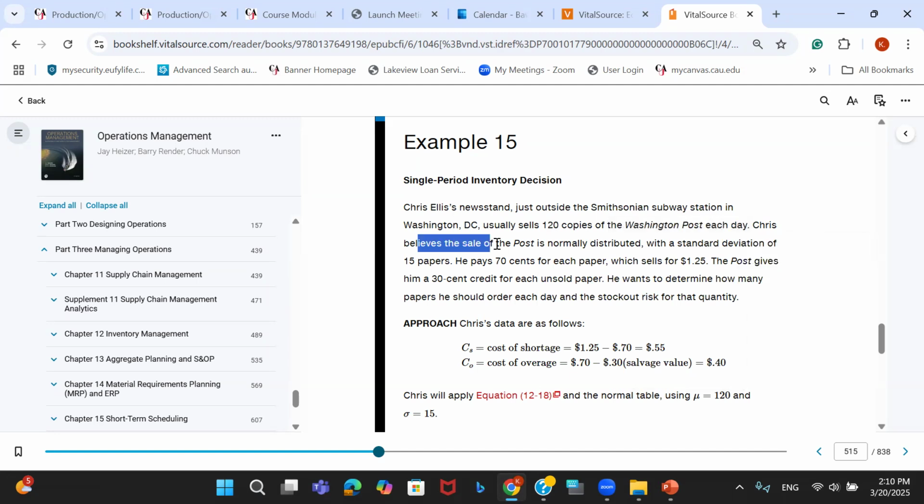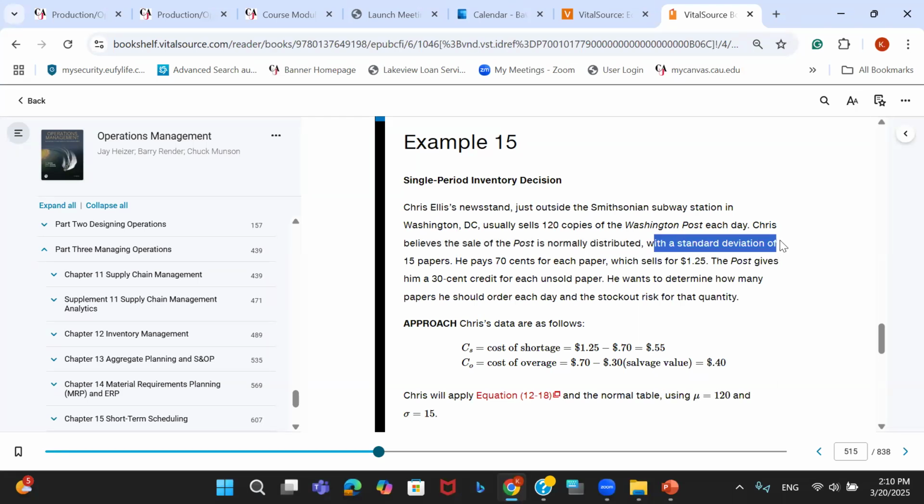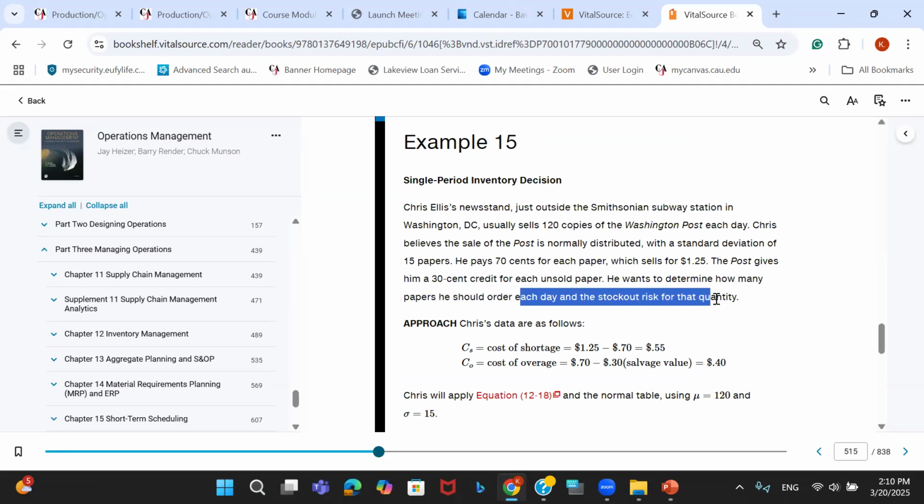Chris believes that the sale of the Post is normally distributed with a standard deviation of 15 papers. He pays 70 cents for each paper, which sells for $1.25. The Post gives him 30 cents for each unsold paper. He wants to determine how many papers he should order each day and the stock out risk for the quantity.